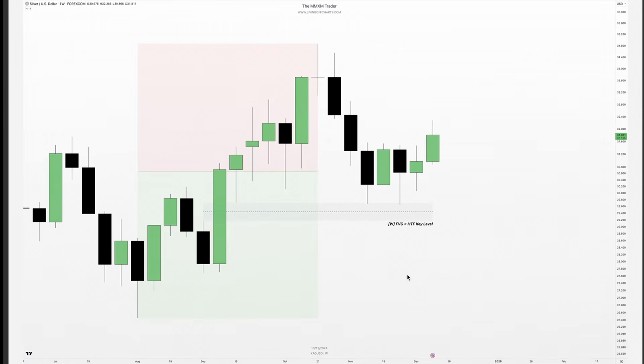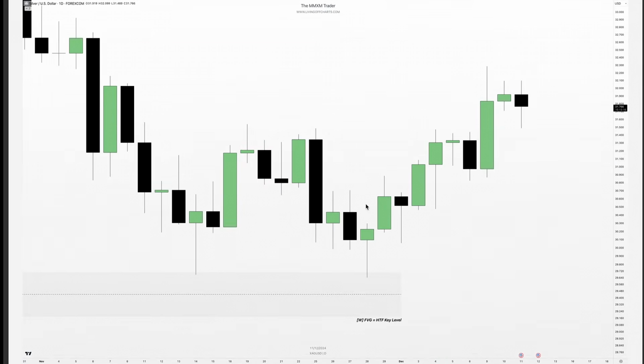So here's an example. Remember, high time frame key level, lower time frame range, and that lower time frame range is going to be your market maker buy or sell model. So we have a premium and discount here. This is a weekly chart. We have a discount key level. It's only a key level because it's in discount. The market is bullish, institutional order flow. We trade back down into the discount key level.